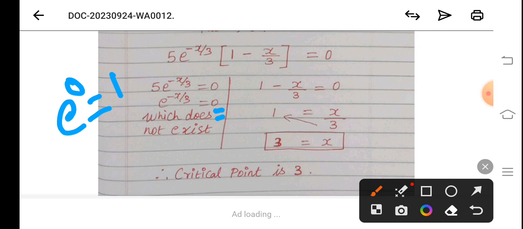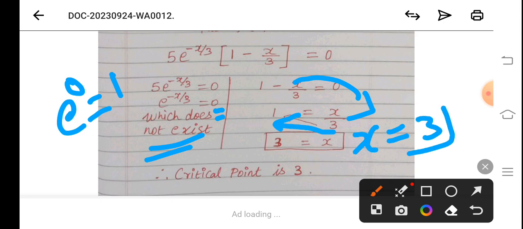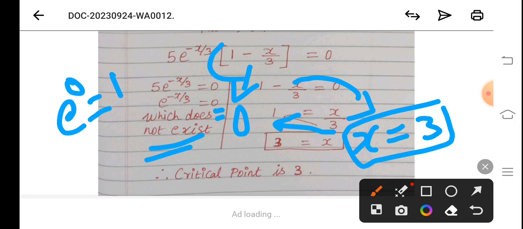So this e power minus x by 3 equal to 0 does not exist, but 1 minus x by 3 equal to 0 can exist. So minus x by 3 goes as plus x by 3. Division by 3 goes as multiplication. So ultimately x equal to 3. So of the two factors, this one is responsible for getting 0, because if this bracket is 0, 0 into anything is 0.